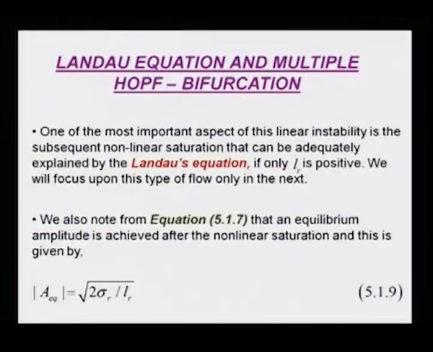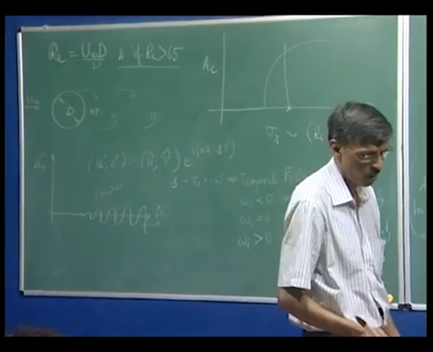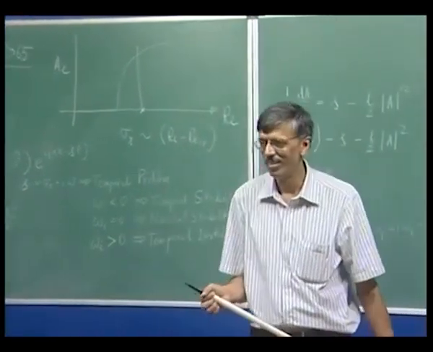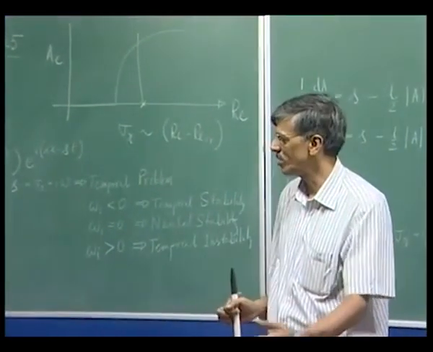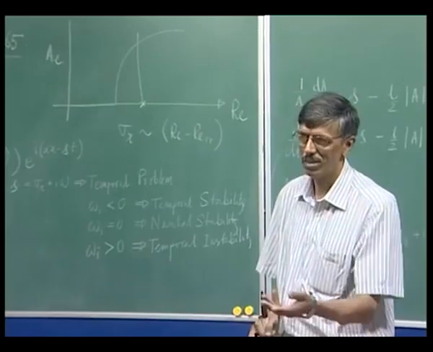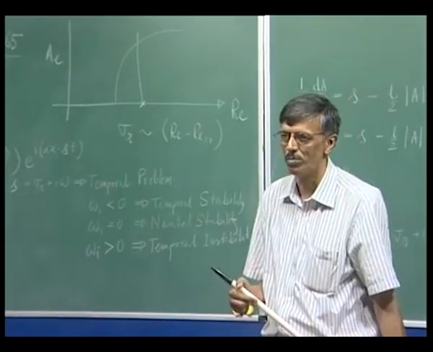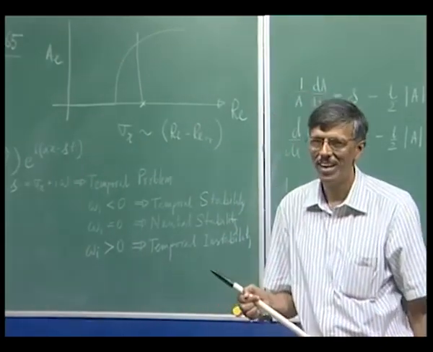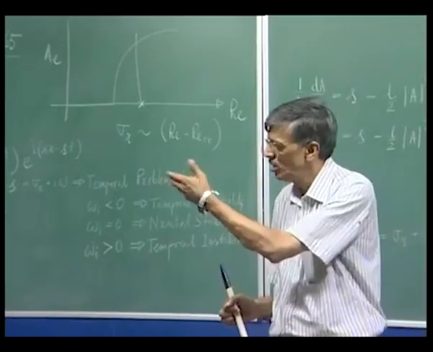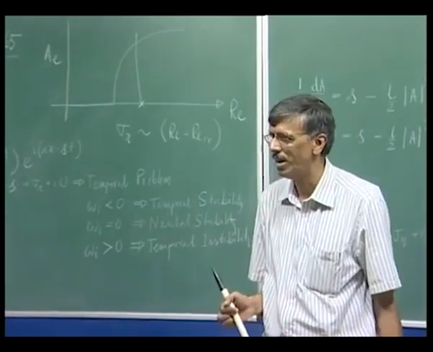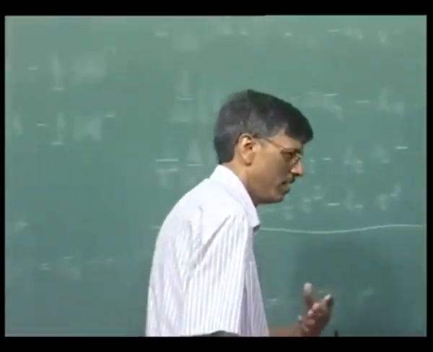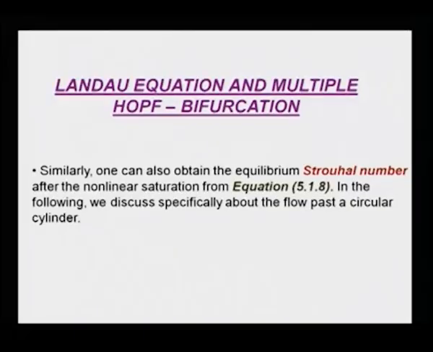In fact, some experimentalists did it. Paul Strykowski, working with Professor Sreenivasan at Yale, actually solved this problem experimentally and tried to comment about what happens to omega_r, L_r, etc. We'll see what those results are as we go along.